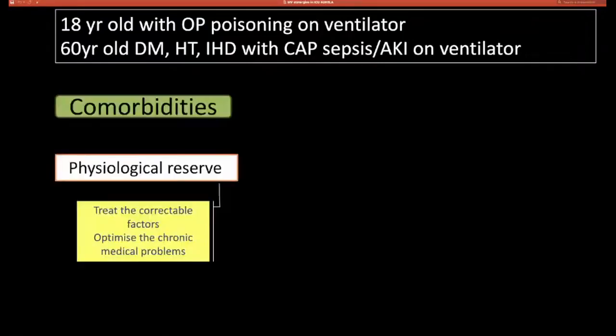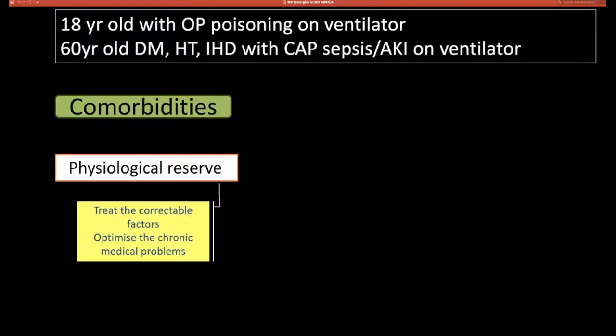Definitely not. So at the onset, I would suggest that you always keep an eye on the comorbidities. Whom are you instituting mechanical ventilation to? That is something that you have to understand. The second patient, we know, has a high mortality because of the comorbidities. And the problem with comorbidities is that some are correctable, some are not correctable.